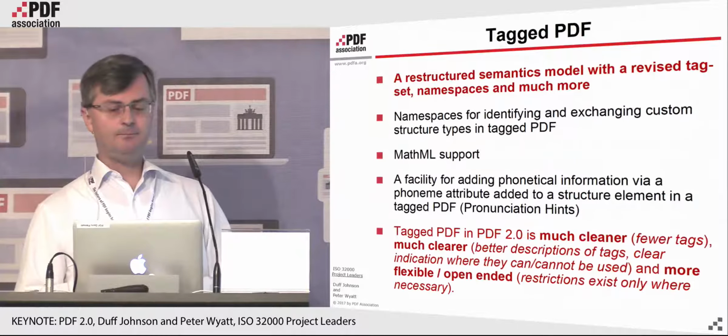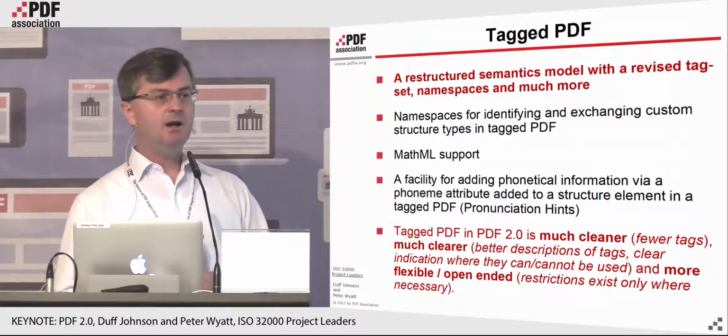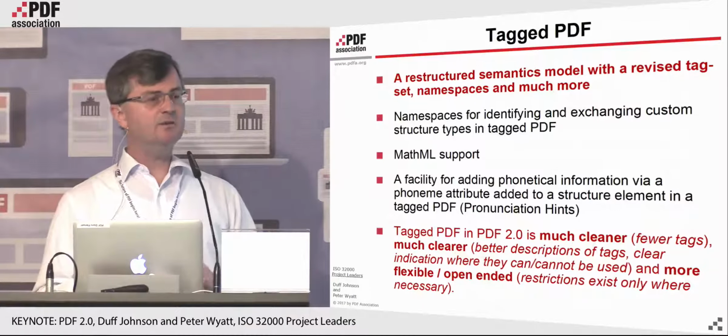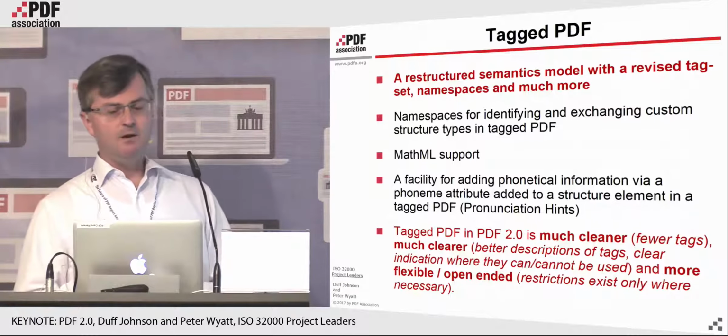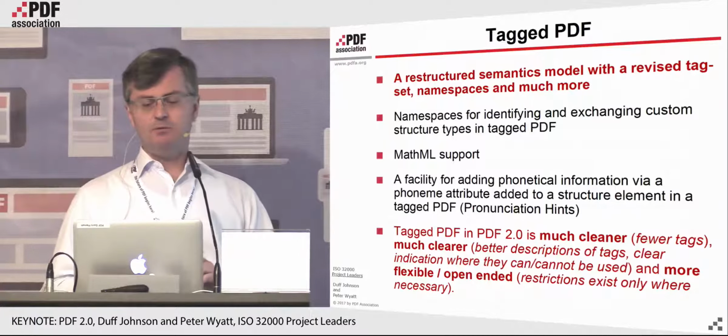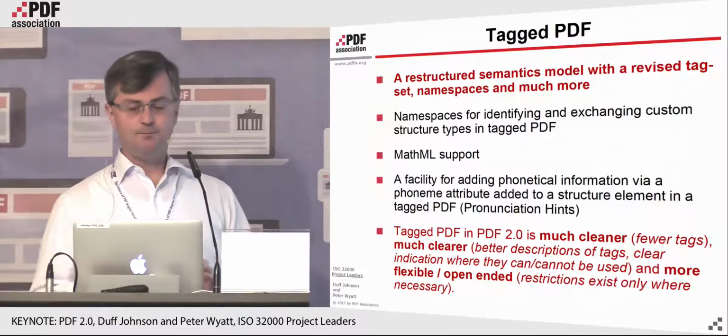Tagged PDF. We heard a lot about tagged PDF yesterday in terms of the benefits it brings to next-gen PDF, as well as the accessibility benefits. So we have restructured the semantics model with a revised tag set, namespaces, and a lot more.